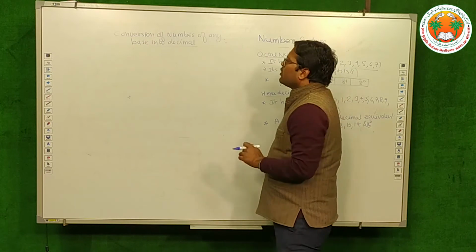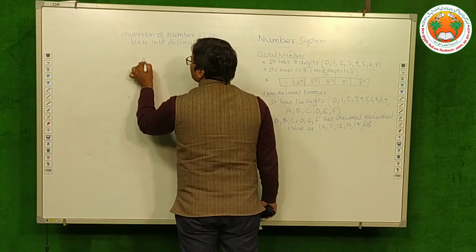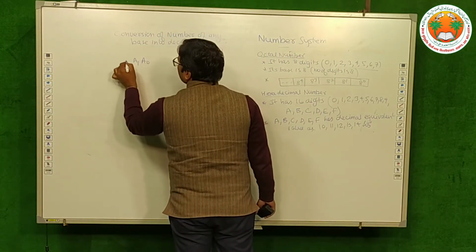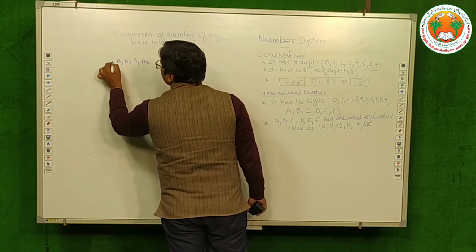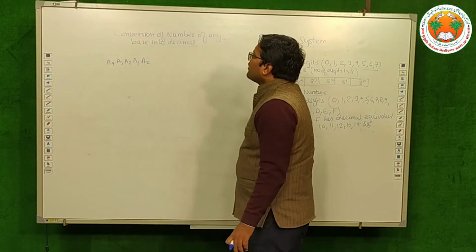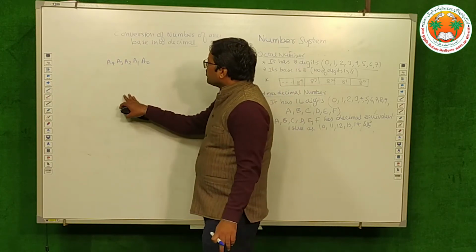To convert a number of any base into decimal, suppose we have a number of 5 digits. We have A0, A1, A2, A3.